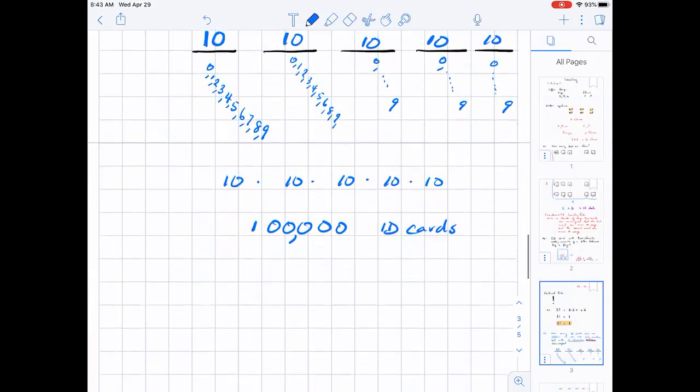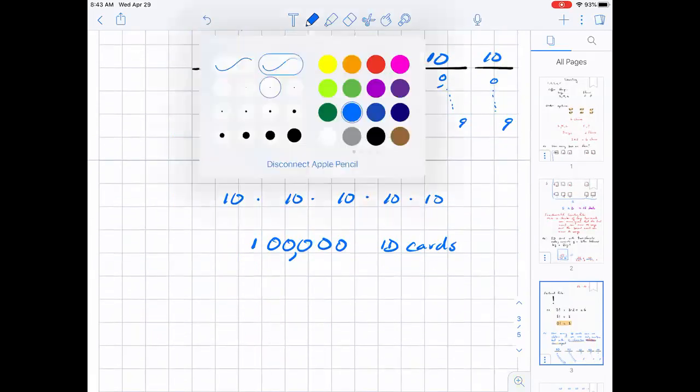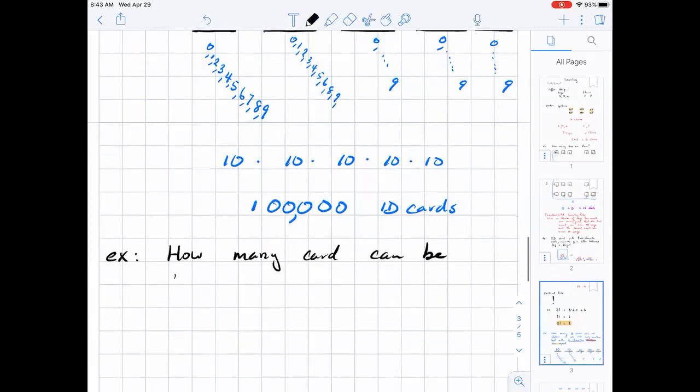So now what happens if we looked at a similar example: how many cards can be generated if you cannot repeat the digits.